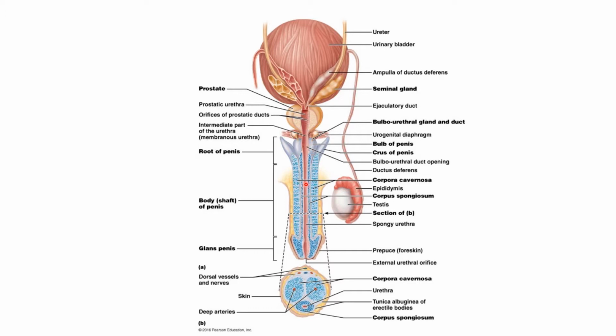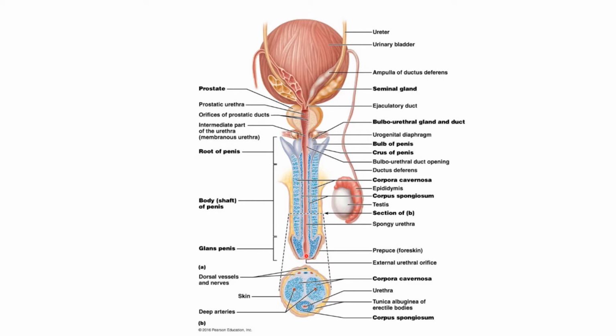Because the semen is going to pass through the urethra, so we want to maintain the urethra open. The process of ejecting the semen out of the body, we refer to it as ejaculation.